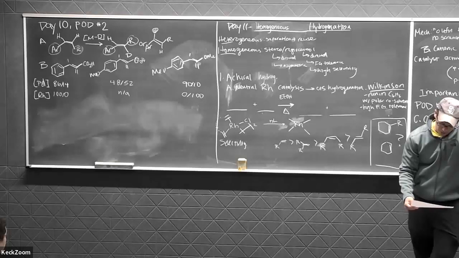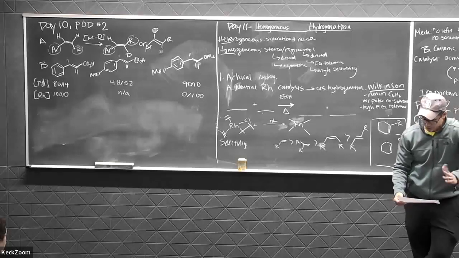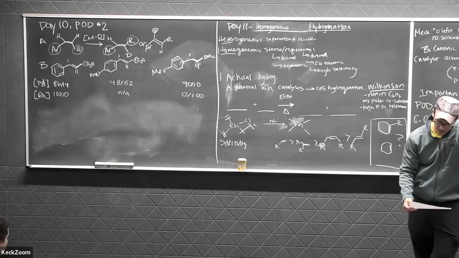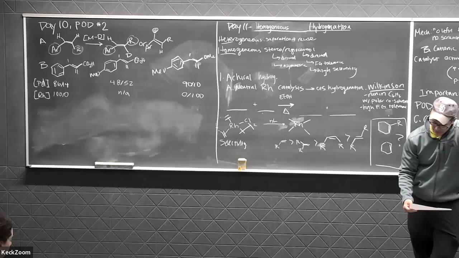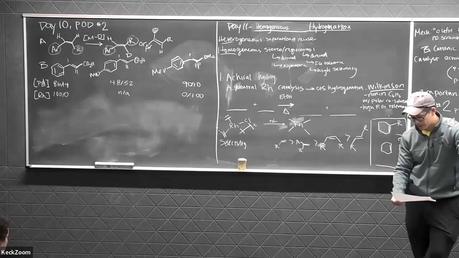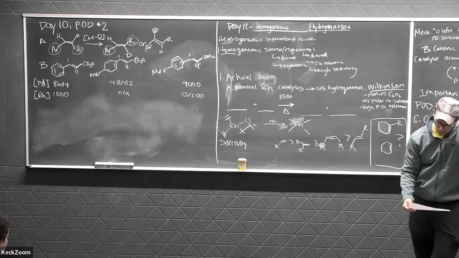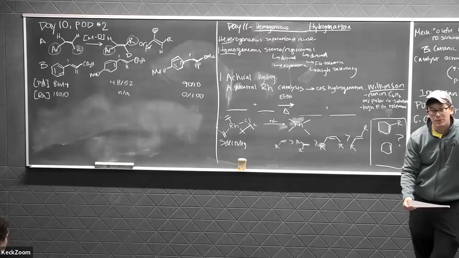So let's think through, I want to jot this down on the board. We just keep this an open discussion, how you thought about designing your screen of 3 nickel precatalysts, 5 ligands to interrogate this reaction as efficiently as possible, gain as much data as possible. One of the questions you might have in your mind is, why are we limited to this number?